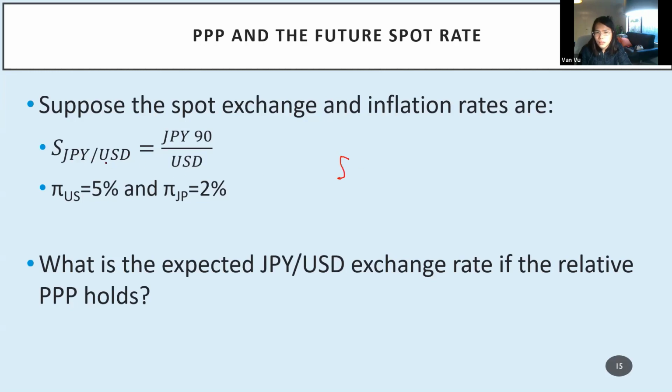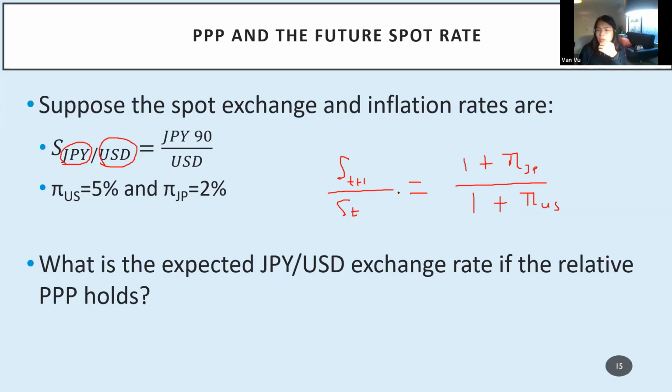So in this case, the USD is my commodity and the Japanese yen is my measurement currency. So I'm going to write S(t+1) divided by S(t) equals 1 plus inflation Japan divided by 1 plus inflation USD.